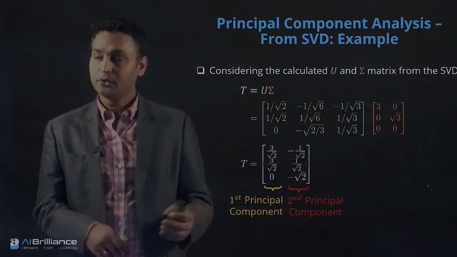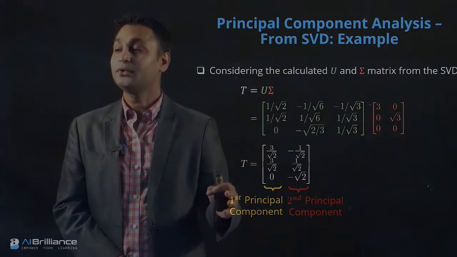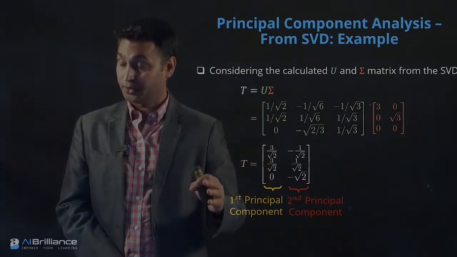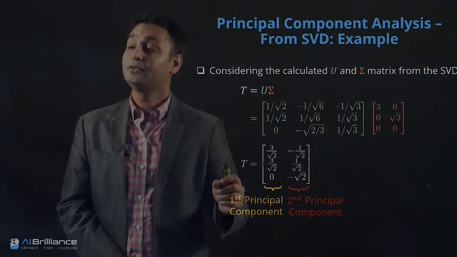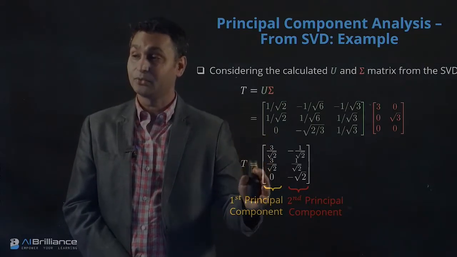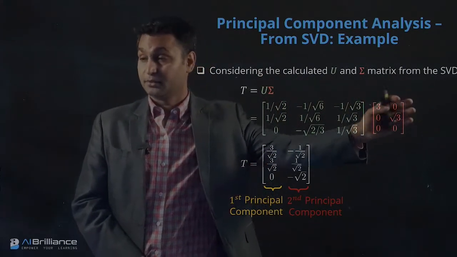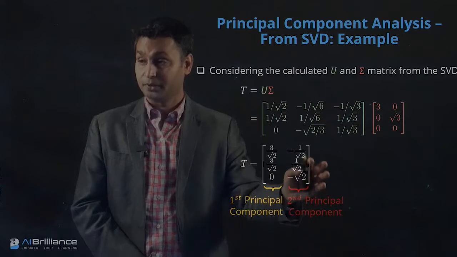Now I want to quickly go back to the T computation that was done using the eigenvalue decomposition process, and you will see that the T value that we arrived at in that process, after normalization, was exactly equal to the T value that we got using the SVD process. This is the T value from the SVD process.